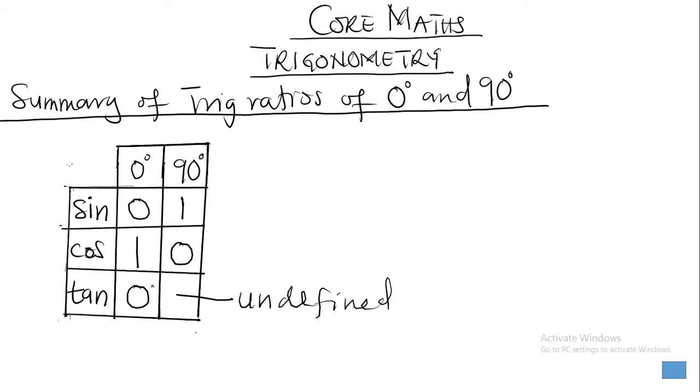Good. So you have to know all these ratios of the 0 and 90 degree angle, in addition to the 30, 45, 60 angles, because they come often in trigonometry problems.